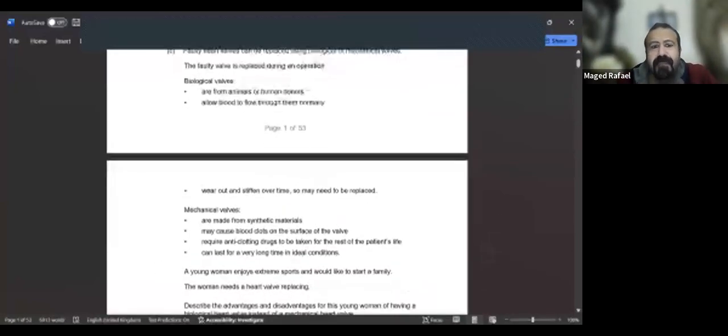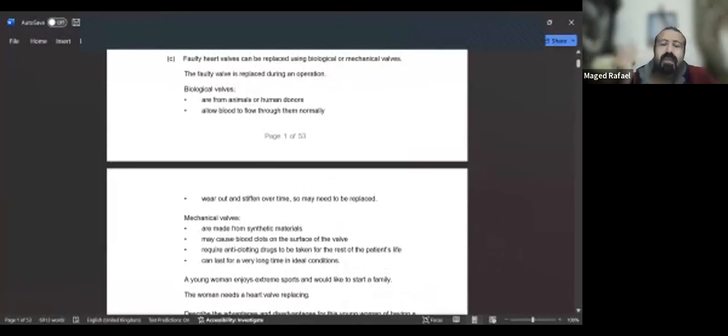What do you think? What is the difference between biological and mechanical valves, so you can decide the advantage and disadvantage of having biological valves instead of mechanical? In another way, what is the advantage of biological valves and what is the disadvantage of biological valves?